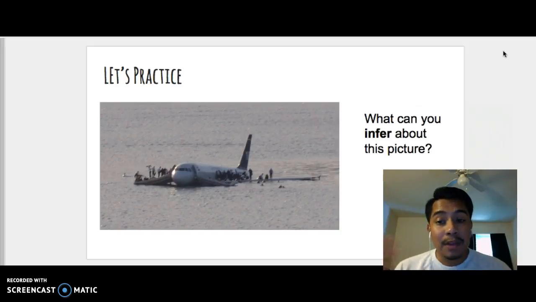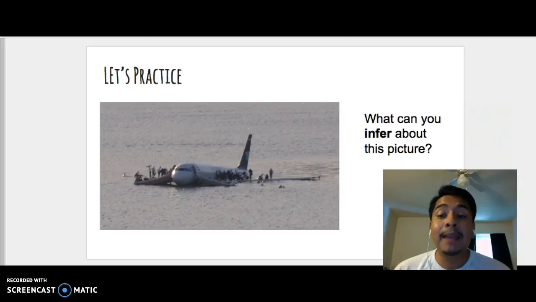All right. We know that planes fly. We know that sometimes planes have mechanical issues. But why do you think this plane went down? This is where we use our prior knowledge of what you might know about what this shot is from. This shot is actually from a plane that went down about 4 or 5 years ago in New York City.